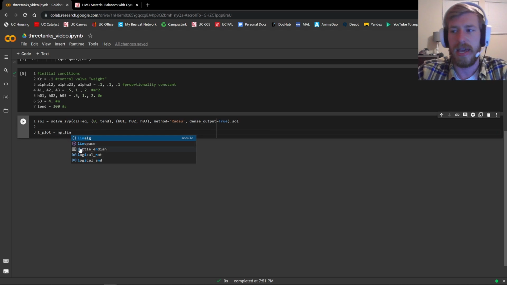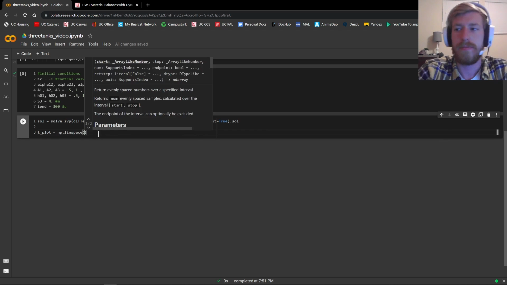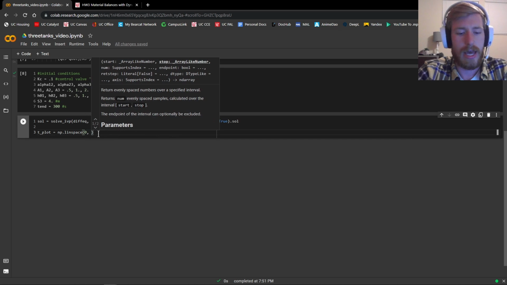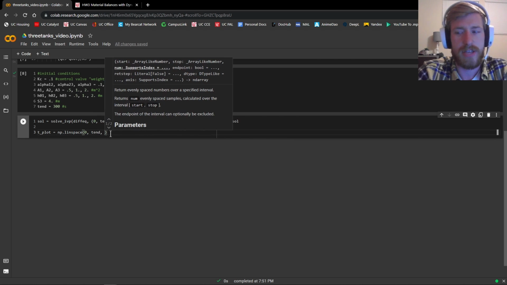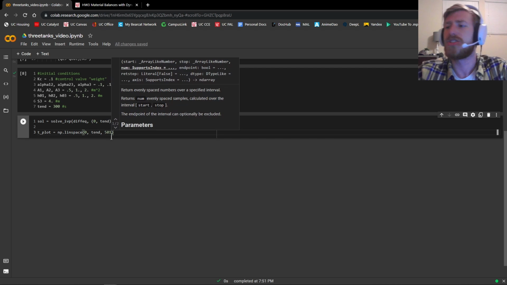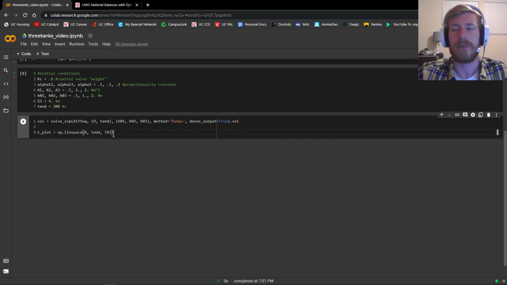np.linspace, which again creates an array of numbers from the start to the stop, which we're just going to do t-end to make sure everything's included that we worry about. And we're going to do a big number. How about 501? I always do one more because that makes the way it spaces it out actually even and usually nice round numbers.